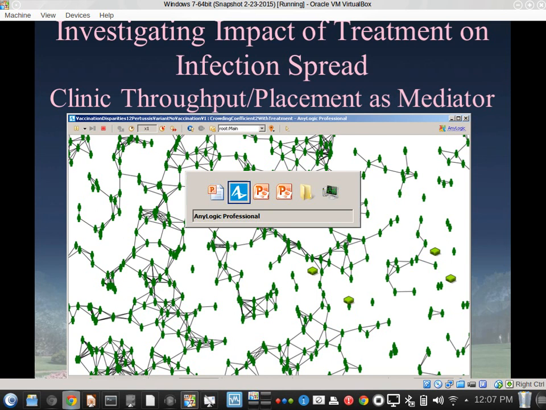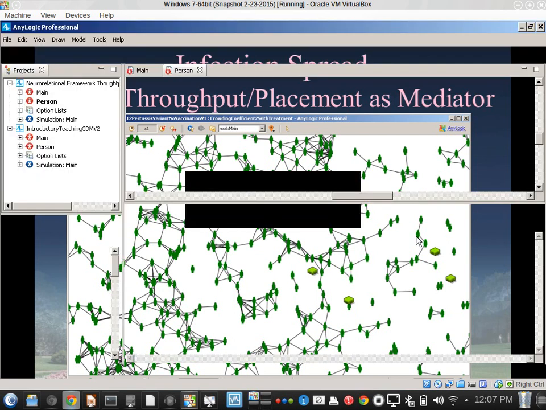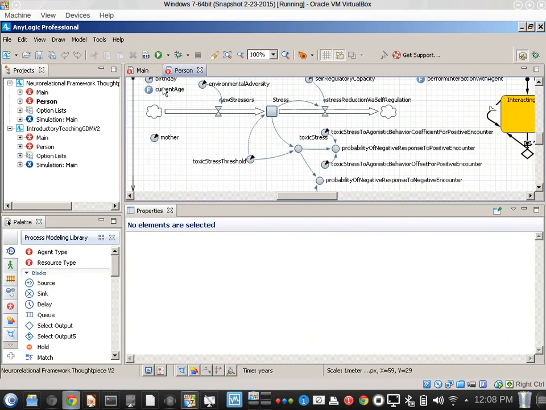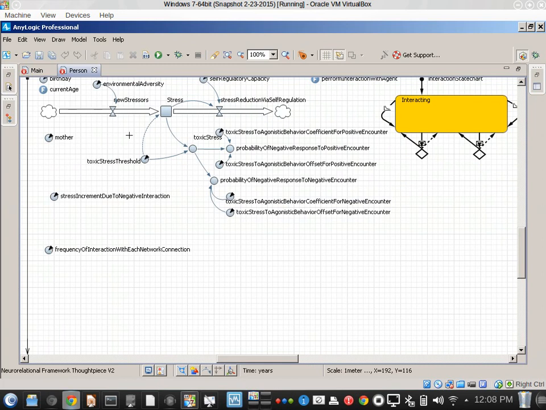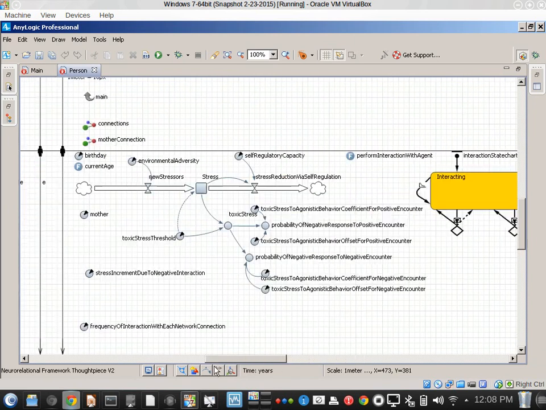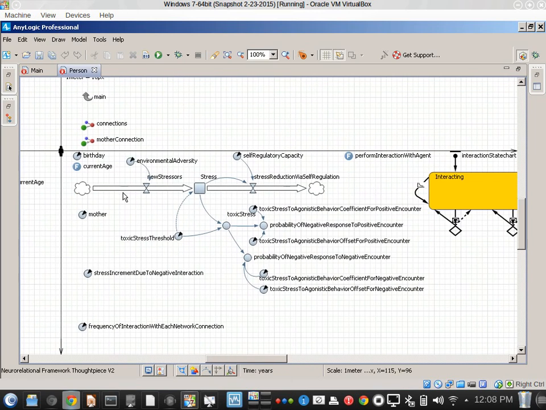And the final type of hybrid model I'll mention, I already showed you this morning, so I don't even have to show you a new model, and that is this one. I may have passed it by a little bit on the slide, but emphasizing it now, what we see here is actually a hybrid model. We see components associated with agent-based modeling, these state charts, for example, the placement of individuals and networks of connections.